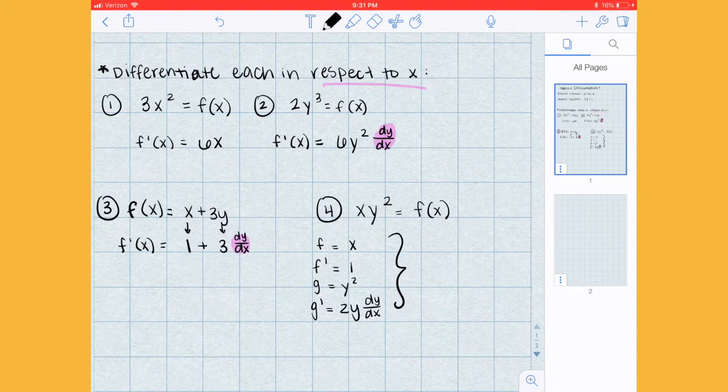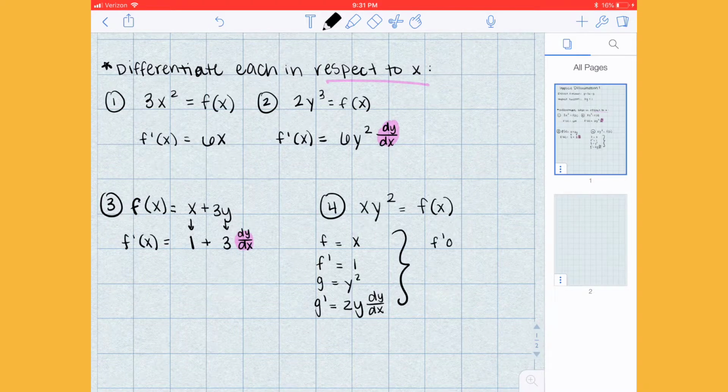And so when I put this together, product rule says f prime g plus f g prime. So that's 1 times g, which is y squared, plus f g prime, which is 2xy dy over dx.